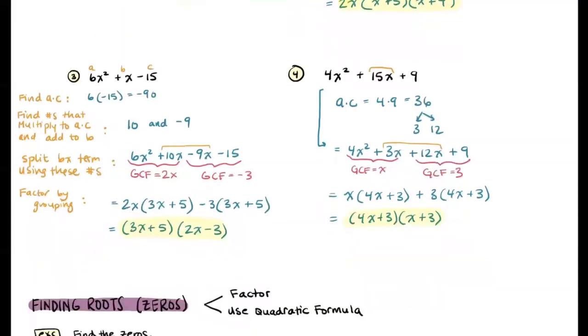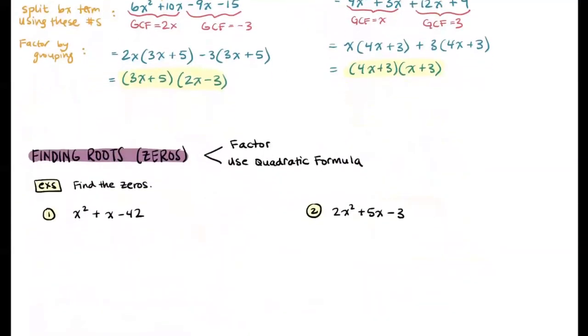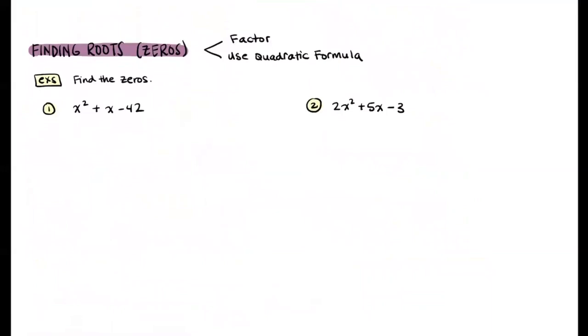So the second reason why we want to be able to factor, the second of the two uses that I told you before, is for finding solutions to equations set equal to 0. In other words, finding the roots or the zeros of something.